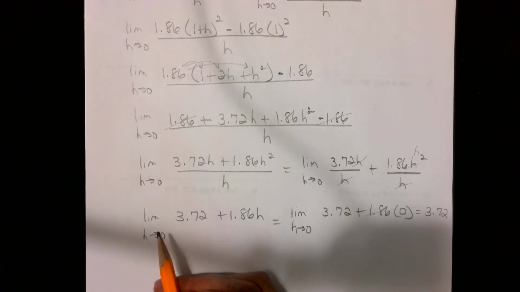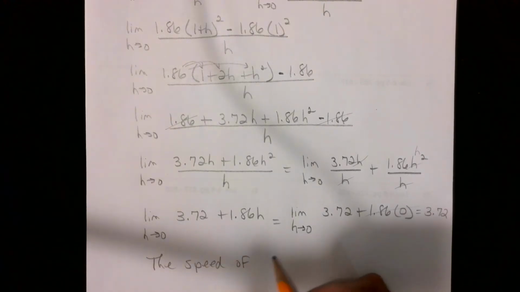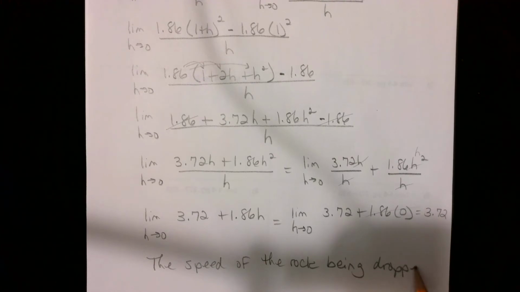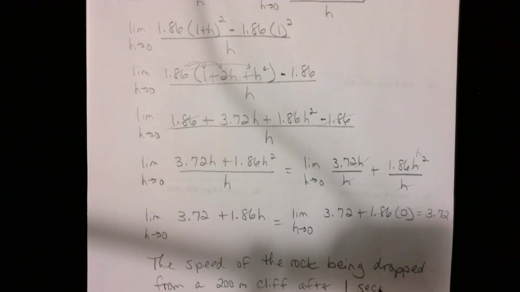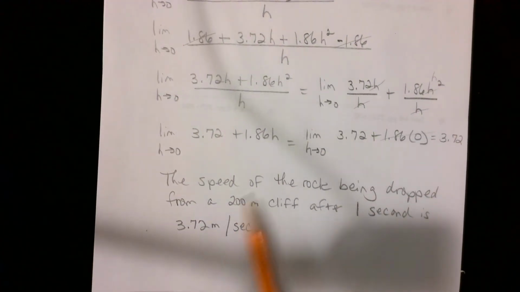So the speed of the rock being dropped from a 200-meter cliff after 1 second is 3.72 meters per second.